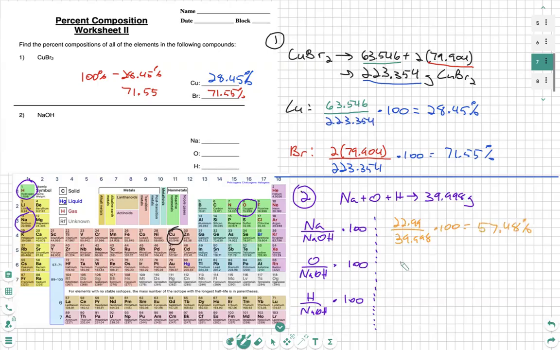As you can see, these problems just got pretty straightforward, nice and easy. So we'll do 16 over 39.998 times 100. We get 40.00%, so an even 40%.